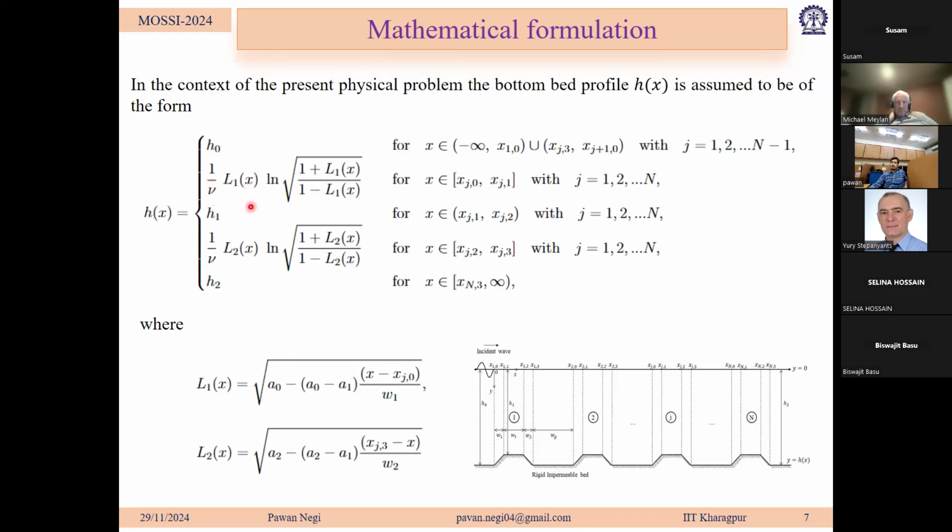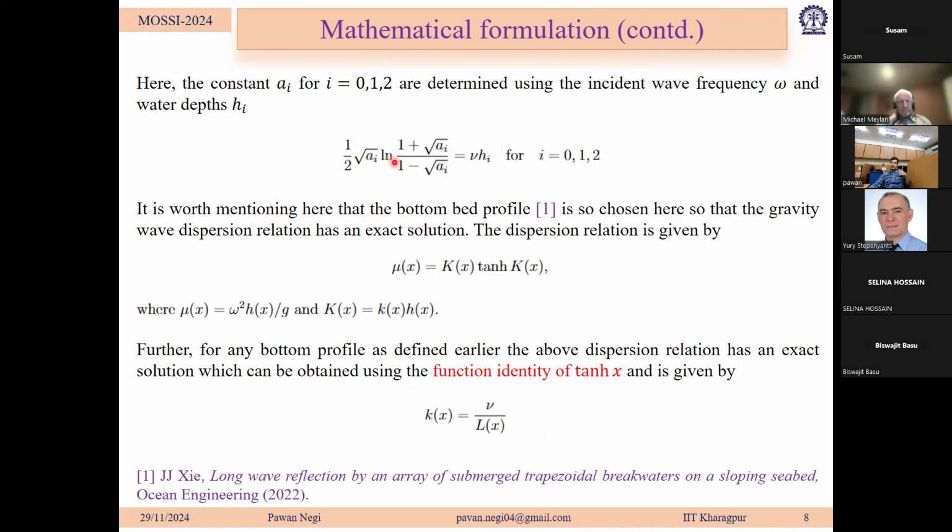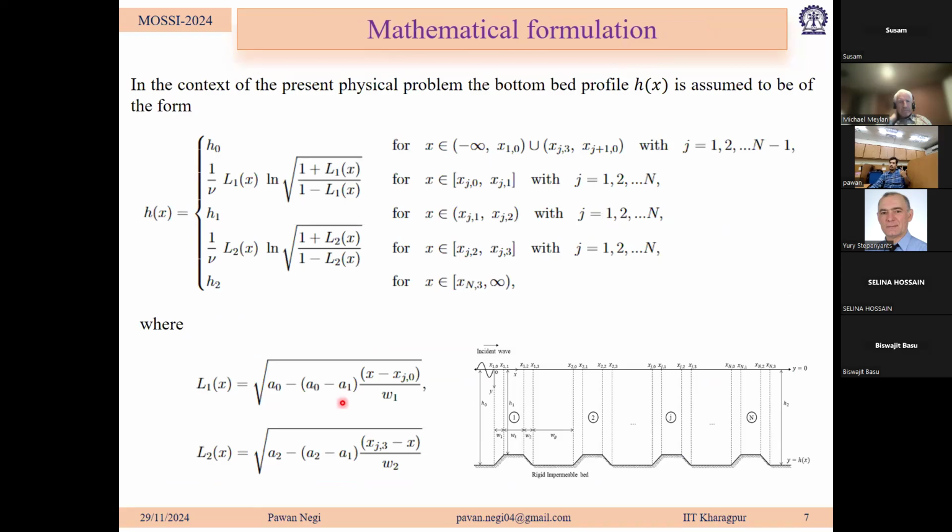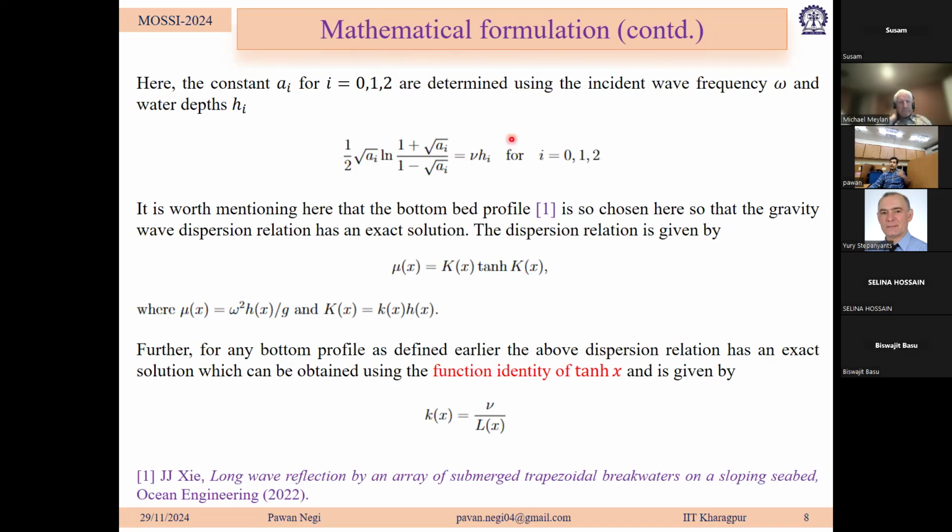Here mu is just a constant given by omega square by g, and our L1 and L2 are functions defined in this way, such that these functions for all x remain bounded between 0 and 1. Now, if we have chosen the bathymetry of the present form, then the constants A0, A1, and A2 can be determined using this formula, and they depend upon the wave frequency. So depending upon our incident wave frequency, the bottom bathymetry will change a little bit.